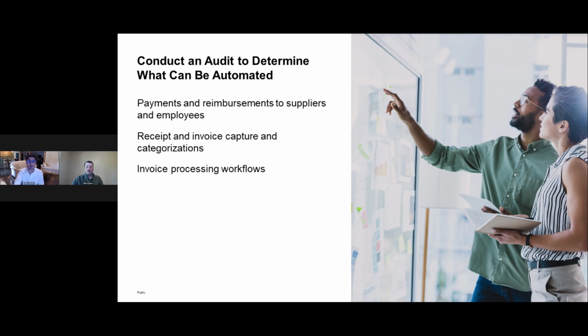That's the most crucial part. And then, like I said, start early and ask the tough questions so you can identify which areas, whether it's payments, receipt capture, or invoice processing, offer the best opportunity for your organization for automation.